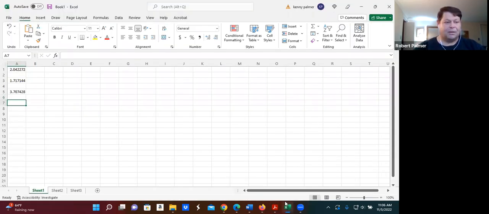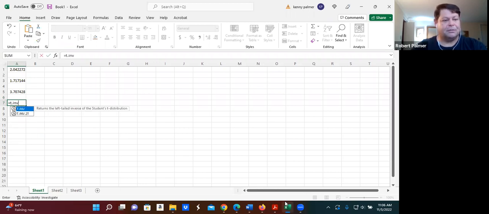So Excel, once again, t.inv, and then find the right formula. Double click on it, and then probability is 0.05. And then 169 degrees of freedom.